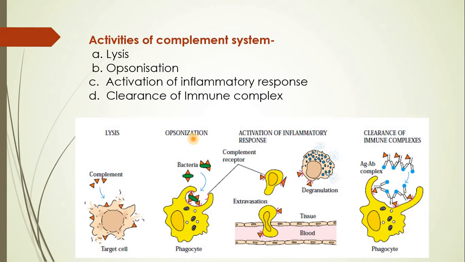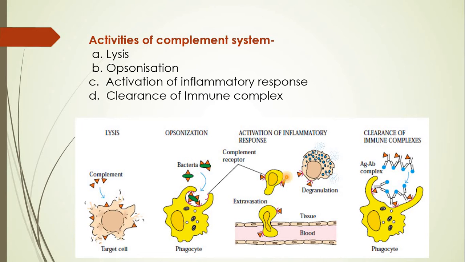Most of the time it is also observed that the complement system is responsible for triggering the inflammatory response as one of its effects. The inflammatory response is caused because the complement system has the ability to attract a large number of neutrophils as well as monocytes, which in turn bring about inflammatory responses.